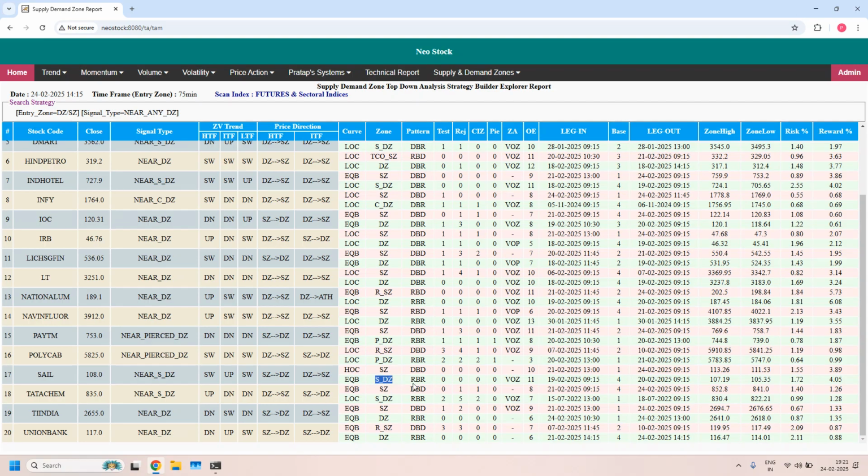SAIL is having a high liquidity 75 minutes demand zone. Tata Chemicals is having a high liquidity 75 minutes demand zone. So in total, 5 75 minutes high liquidity demand zones we identified from this list.